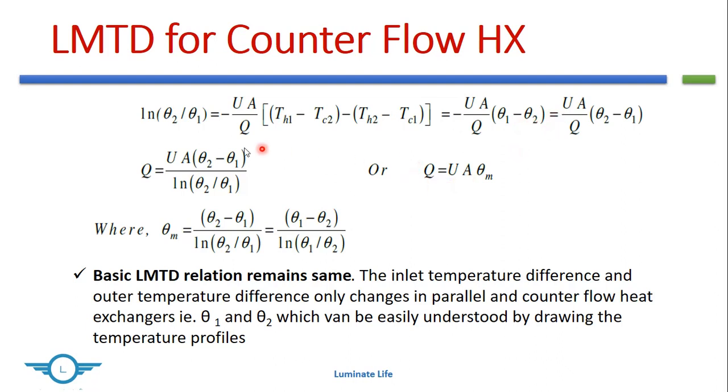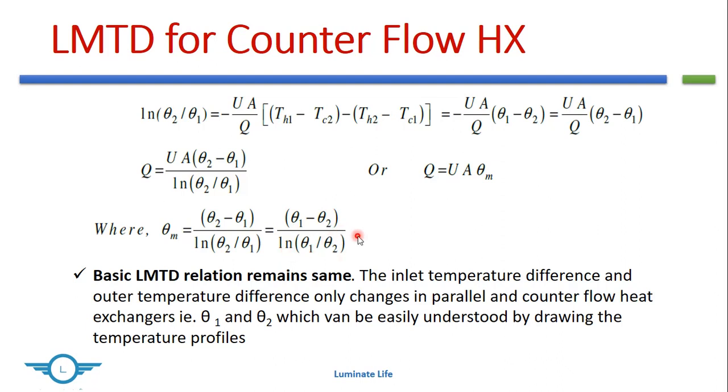If we are equating both, we will get the equation for LMTD for a counterflow heat exchanger as (theta 1 minus theta 2) by ln theta 1 by theta 2. Now you might be wondering that both parallel flow and counterflow heat exchangers have the same LMTD equations. Both are showing (theta 1 minus theta 2) by ln theta 1 by theta 2.